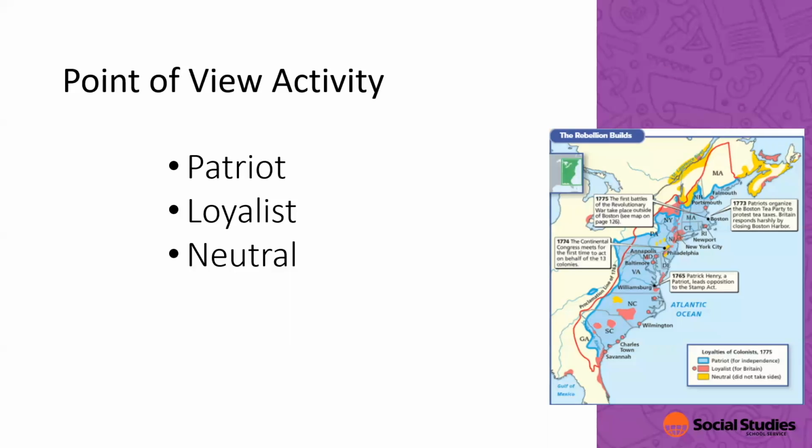I'm going to give you some statements, and I would have you decide if each is a patriot's point of view, a loyalist point of view, or neutral. So I'm going to upload that handout here. It's a PDF of statements that represent more whys for the loyalists, the patriots, and those remaining neutral. I just want to know which of those statements reflect which point of view. Give me one second and I'm going to upload that as well.